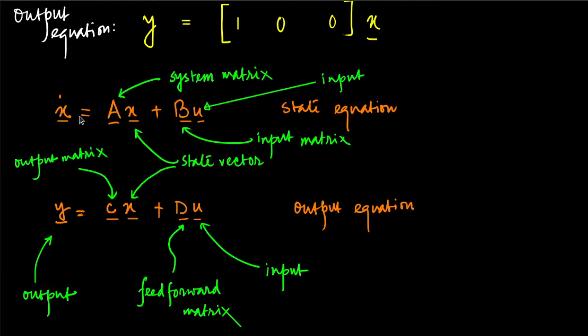When you want to design a PID controller, you need a transfer function model. Under those scenarios, you use transfer function models, but there are modern controllers which are superseding those.